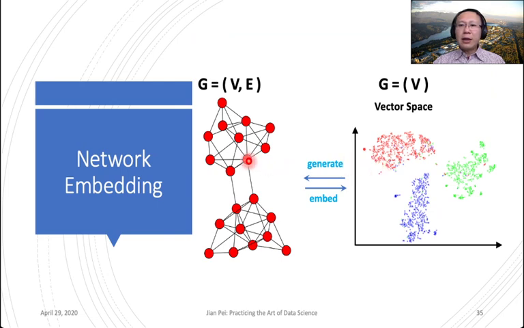And if we can build such a connection, such an embedding, then one advantage is that we can think the graph is embedded into the vector space. At the same time, we can use the vector space representation to regenerate graphs with similar distribution.